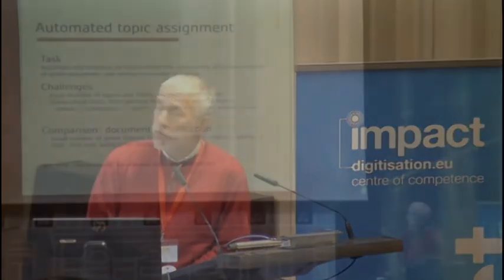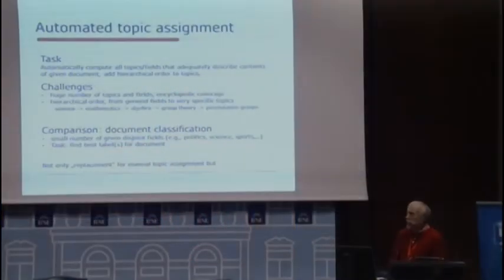When we have a closer look at automated topic assignment, the task should be more or less clear. We want to automatically compute all topics and fields that adequately describe the contents of a given document, and these topics should come with a natural hierarchical order.